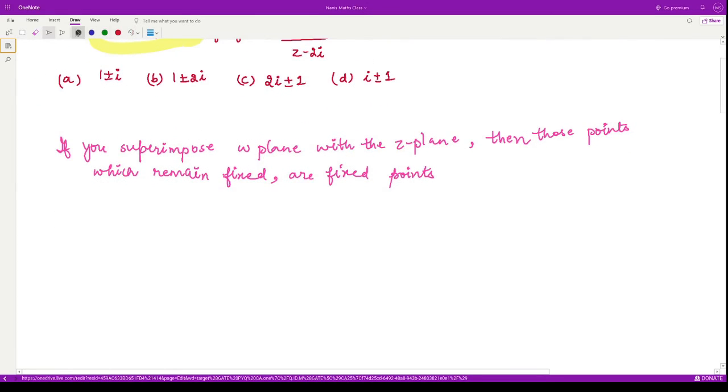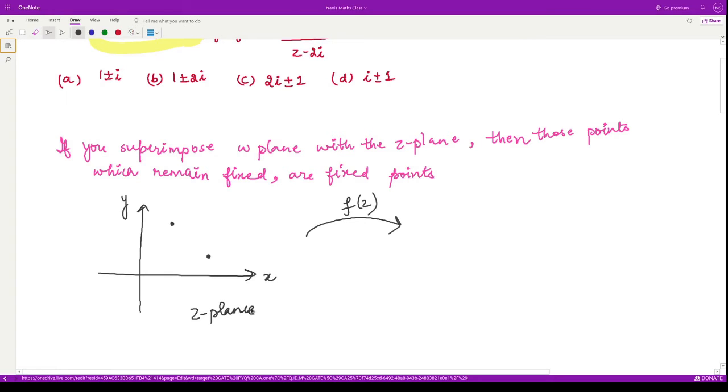Suppose I have this coordinate axis over here. Say this is my x-axis, this is my y-axis, and I have some point over here and one point over here. Now I apply this transformation, say f of z. So this is our z plane and here we have our w plane.